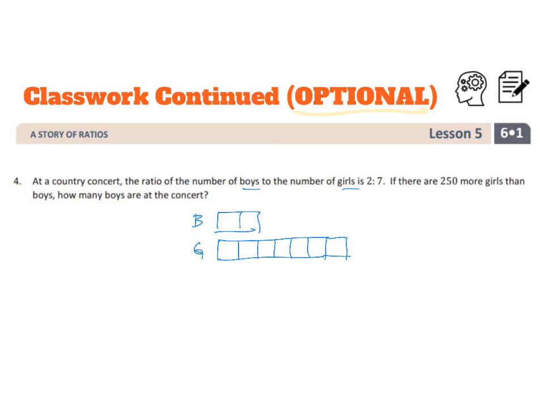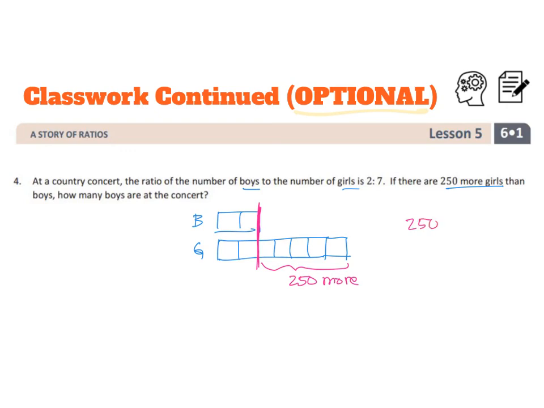2 to 7. If there are 250 more girls, so more, as soon as I read that more, I go in and I look at this and I do this because I know that means those are equal, but I know that this segment, 1, 2, 3, 4, 5 units is equal to 250 more girls than boys. And all they want to know is how many boys are at the concert. Well, 1, 2, 3, 4, 5.